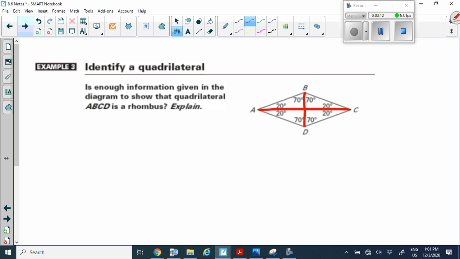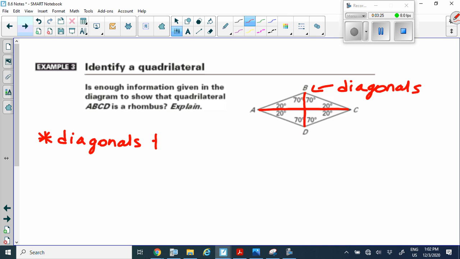So we can see that the diagonals, remember, they are lines that are inside the polygon. So in this case, we can indicate that the diagonals bisect a pair of opposite angles, which we can clearly see.